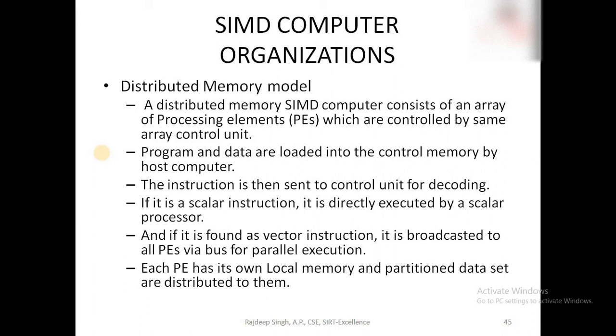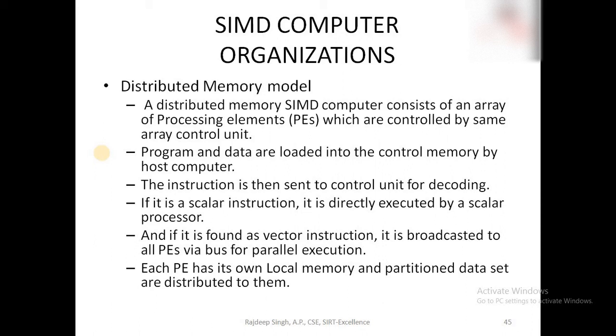After decoding, if we find that it is a scalar instruction, then it is directly executed by the scalar processor, and if it is a vector instruction, it will be broadcasted to all the available processing elements via bus for parallel execution. Now the concept of distributed memory comes here: each processing element has its own local memory and partitioned data sets are distributed to them.